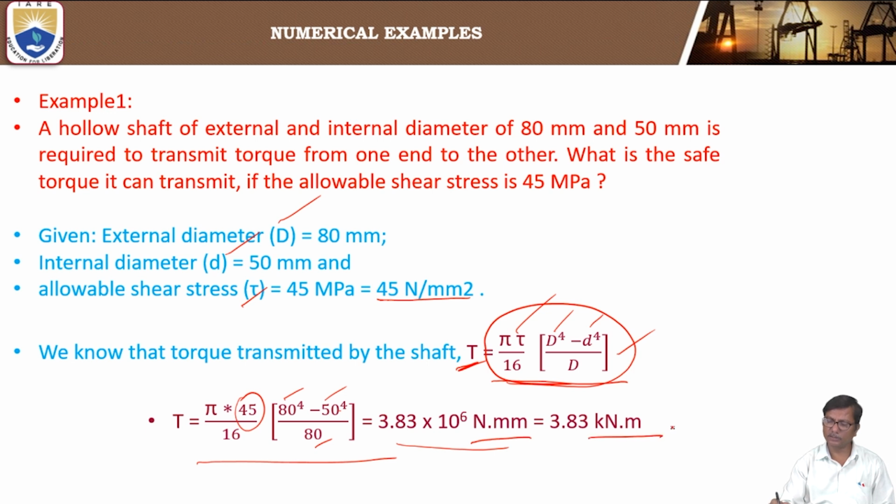If you convert that into kilonewton meters, we have to divide by 10 power 6. So it becomes 3.83 kilonewton meters. So it is a simple example, just a direct substitution of given data in the formula.